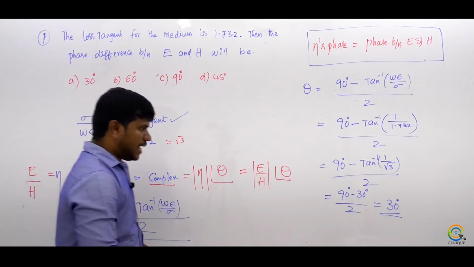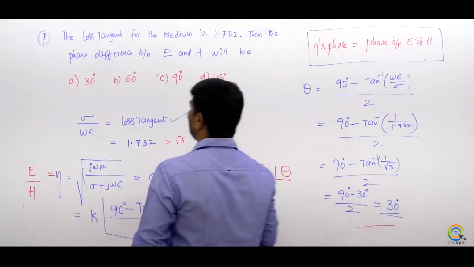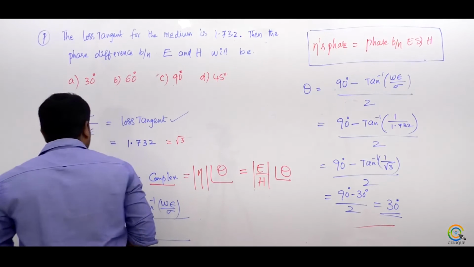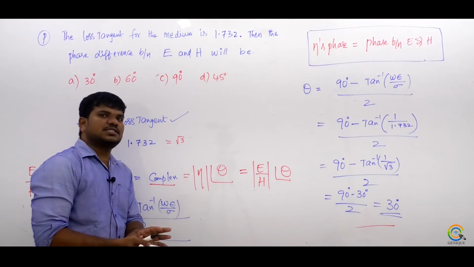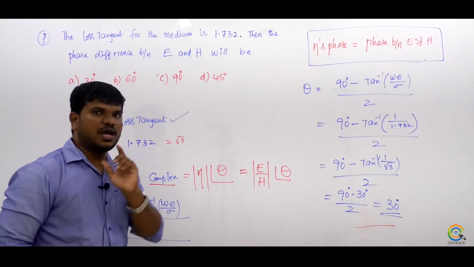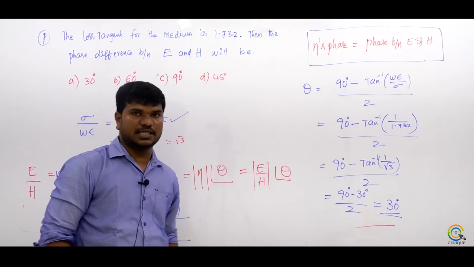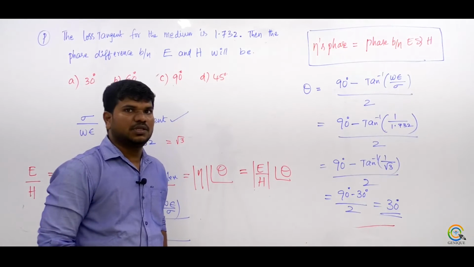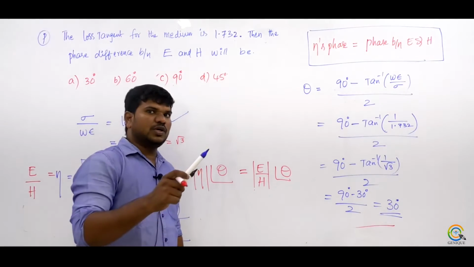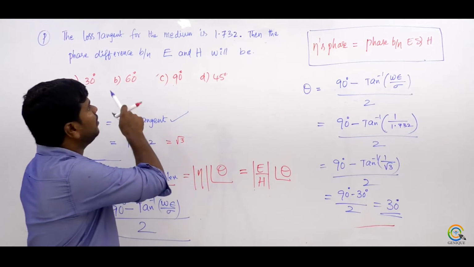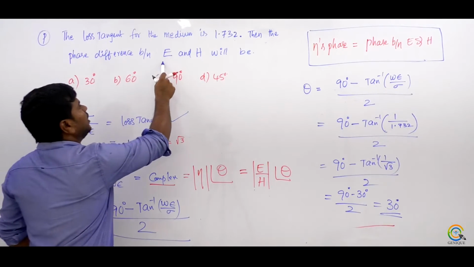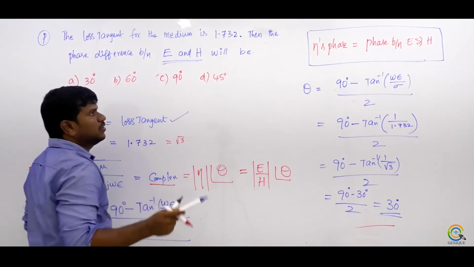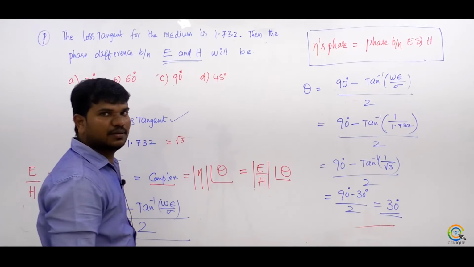Understand? So like this, you have to know what is the phase difference between the electric field and magnetic field. They will always be orthogonal to each other, orthogonal meaning in space. We know that, but he is asking about the phase between E and H, so we have to think for a while.